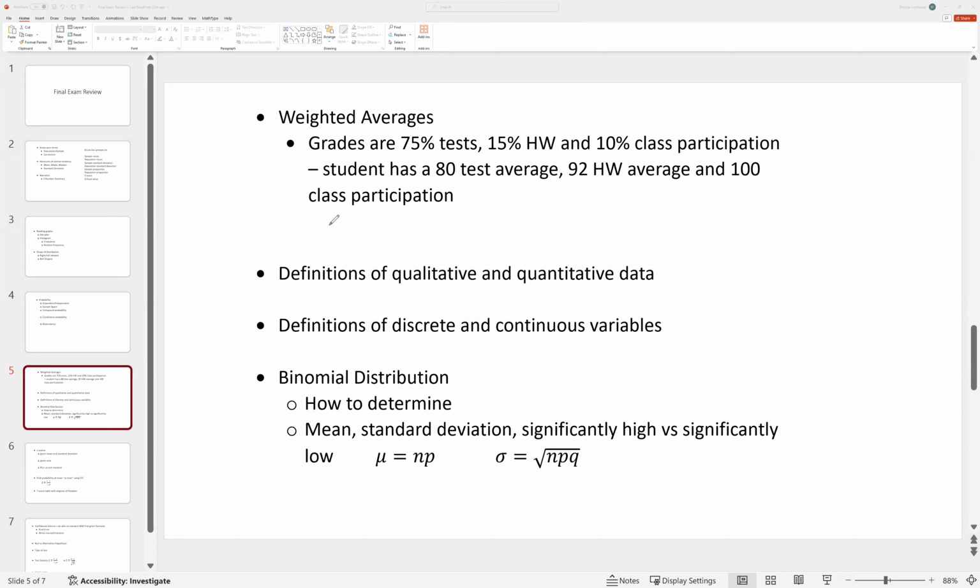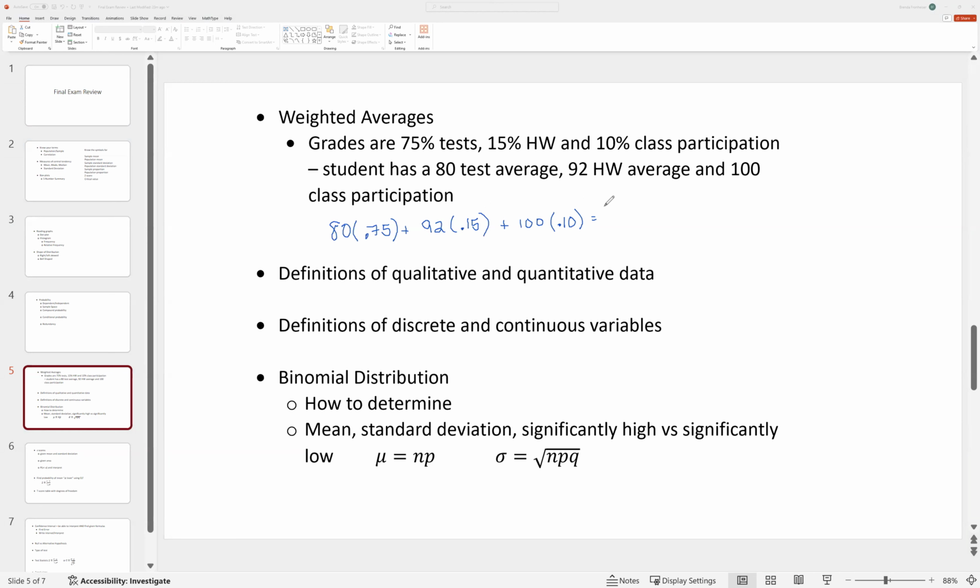Their grade then is going to be the 80 test average times 75% plus the 92 homework average times 15% plus the 100 class participation times the 10%. And let me grab my calculator here.